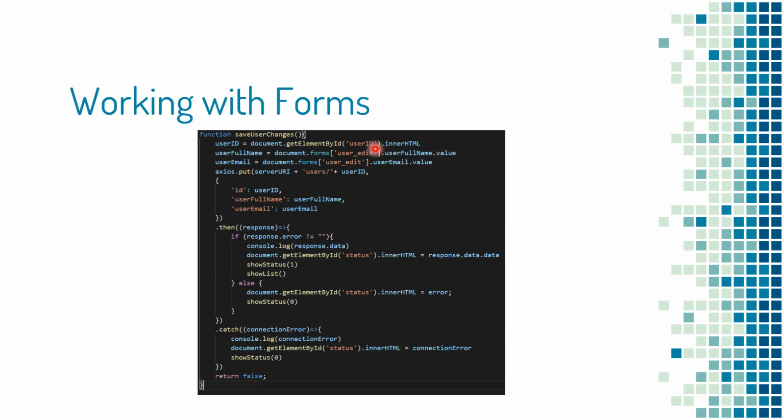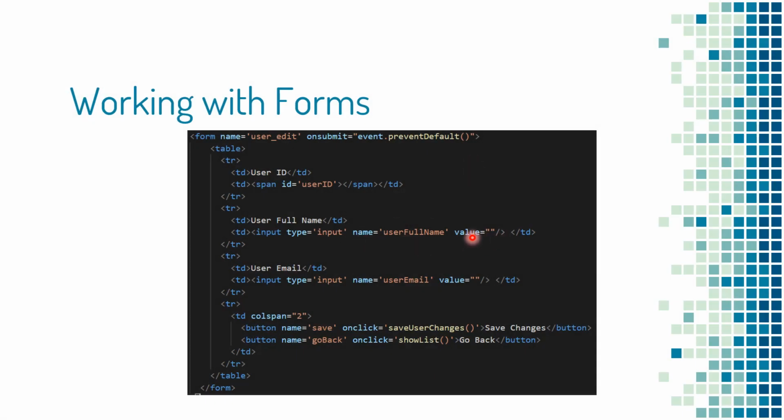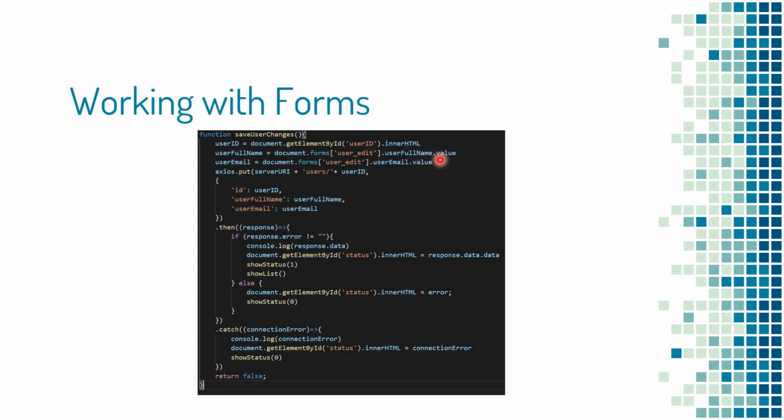and the value. If you go back to this form, you have these two input types, one for full name and the other for the user email. Whenever you type in some information there, by using these two lines you grasp what's in there and you are ready to use it.